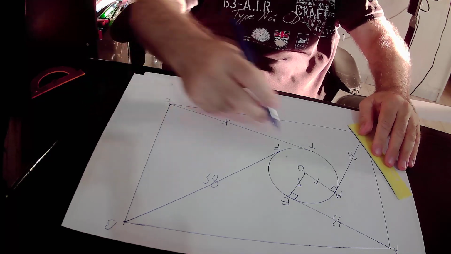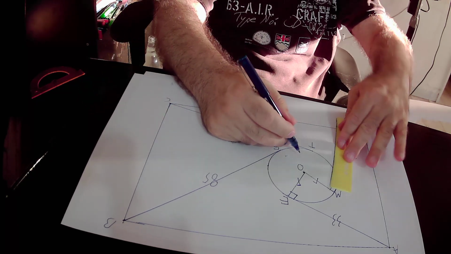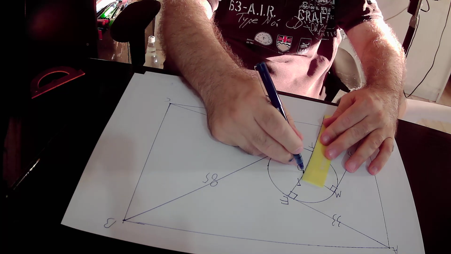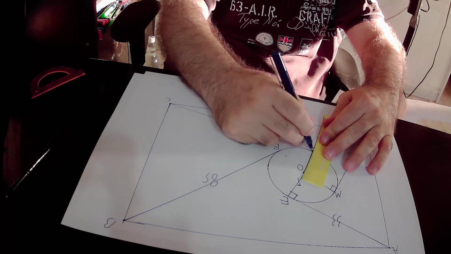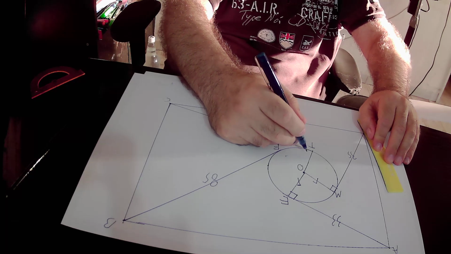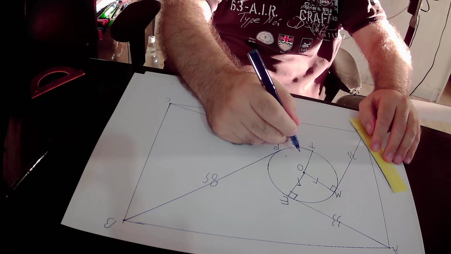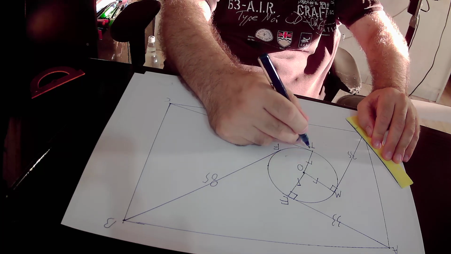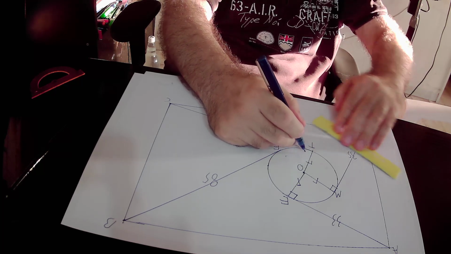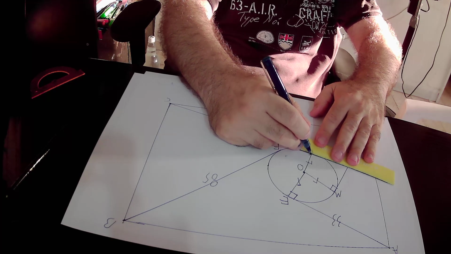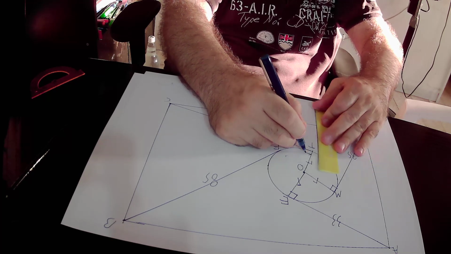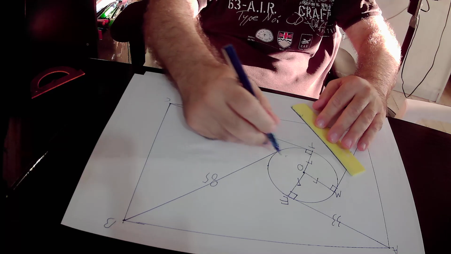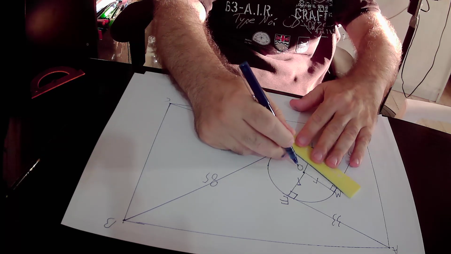Likewise, we join points O and T together by a straight line. Again, here, point O is the center of the circle, point T is the point on the circle itself, therefore OT is the radius of this circle, and the radius OT is drawn to the point of tangency, therefore according to rule number 1, this angle equals 90 degrees. And finally, we join points O and F together by a straight line.